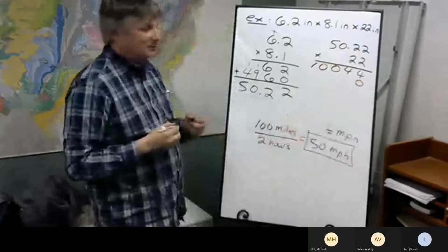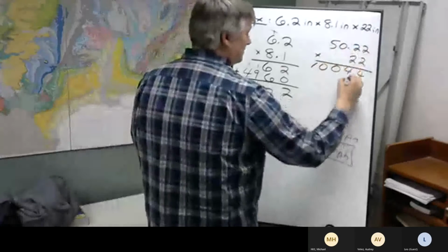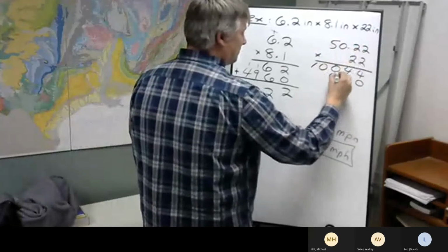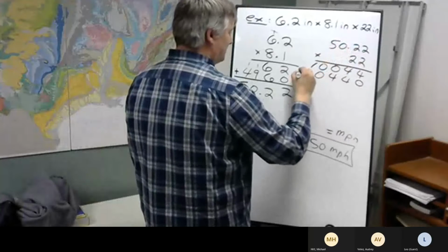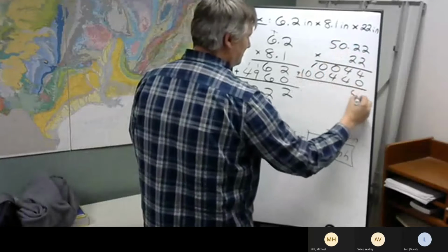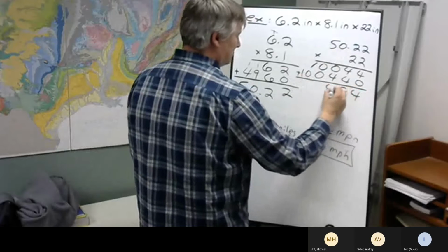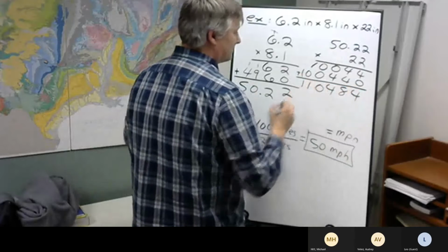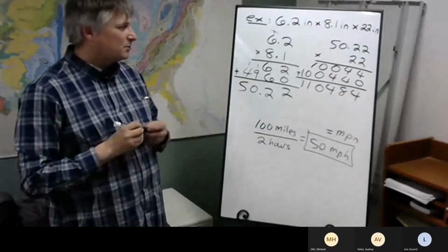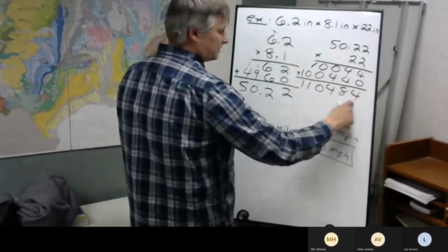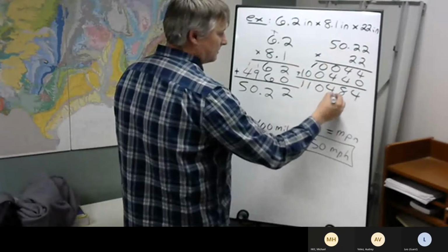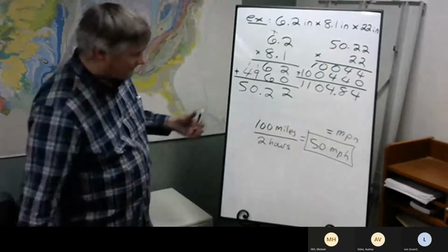We'll bring in 0. 2 times 2 is 4, 2 times 2 is 4, 2 times 0 is 0, 2 times 5 is 10. And then decimal spaces, well, we've got 2 decimal spaces. That means we move our decimal point 2 spots. We're going to get that.